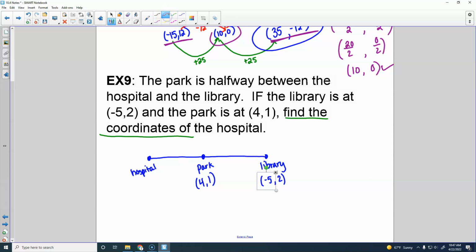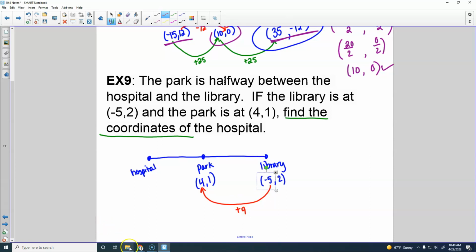So we got to start at the endpoint over here. We got to go to the midpoint. So Vince, to go from -5 to 4, what do I have to do? Not quite. 9. So we can see we're increasing here.